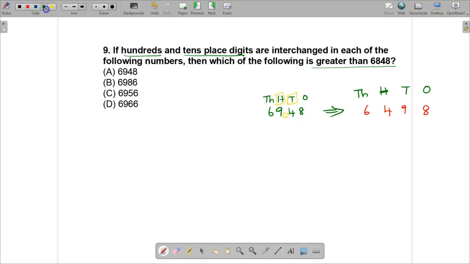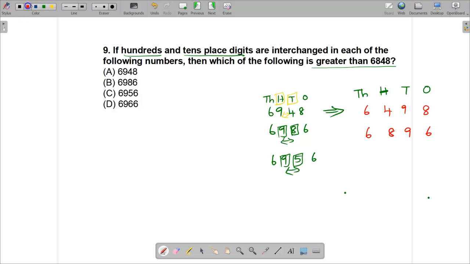Then coming to the second option, 6986. Here also we interchange these two digits, and the other numbers remain the same. So it is 6896. Then the third option, 6956. Let me interchange this one and this one.